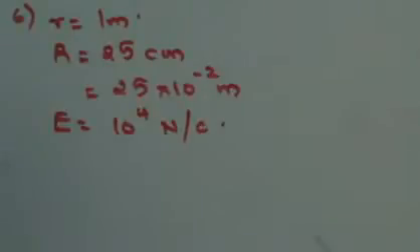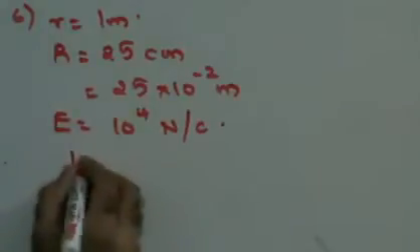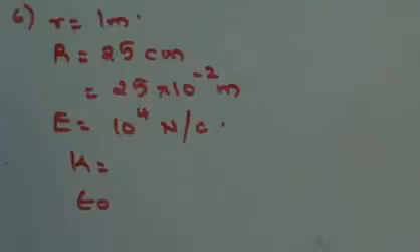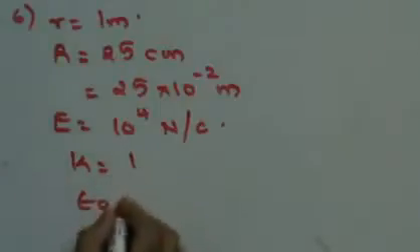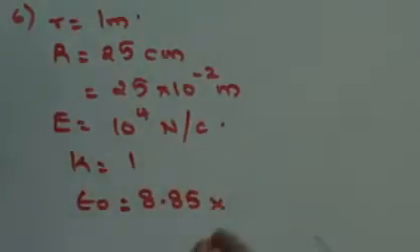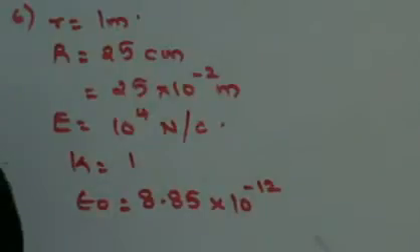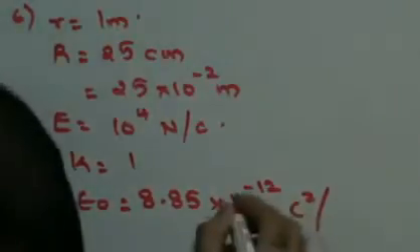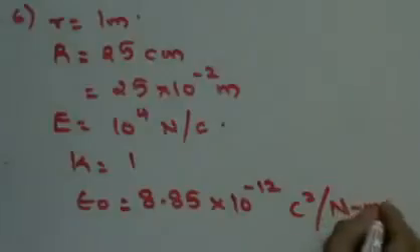Find the surface density of the sphere if the sphere is situated in air, and epsilon 0 is 8.85 into 10 raised to minus 12 coulomb square per Newton meter square.